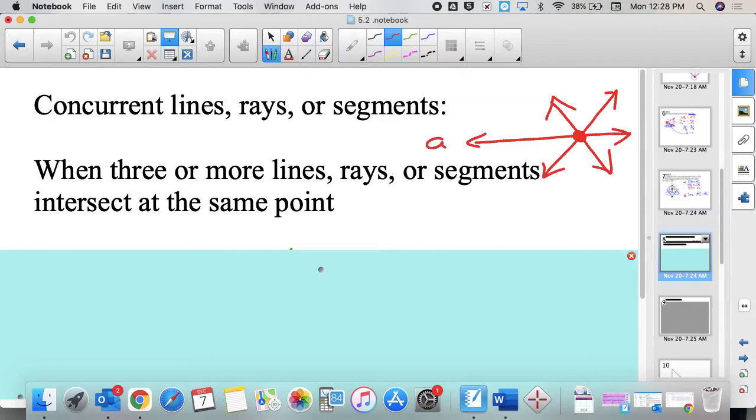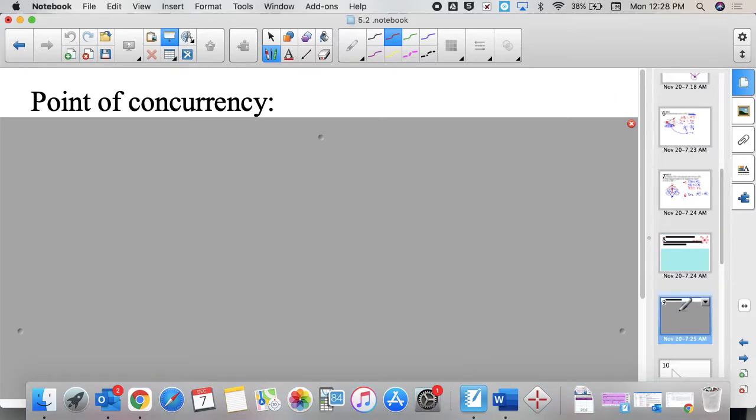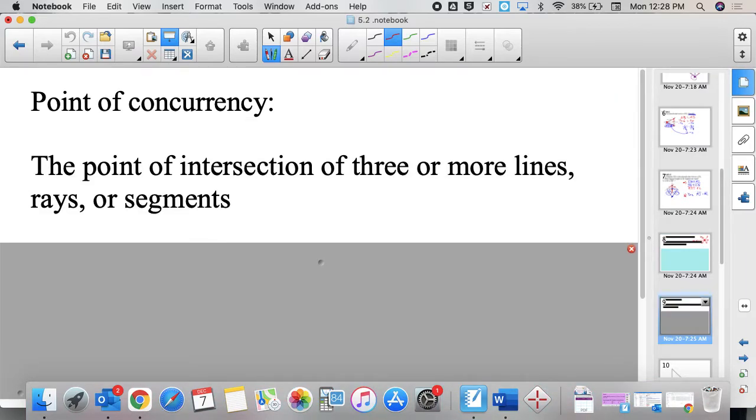So lines A, B, and C are considered to be concurrent because they all go through the same point. That point they meet at will be known as the point of concurrency, the point of intersection for those lines.